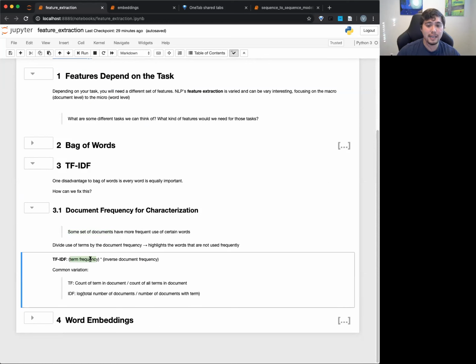The term frequency is how frequently that term is used in the document over how many terms there are overall. So the term frequency of God in the New Testament over Moby Dick is probably going to be a higher number, right? Out of all the words, God is going to be used a lot more frequently than God is used in Moby Dick.